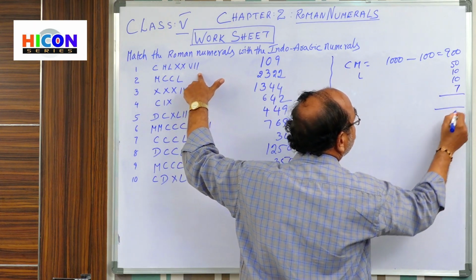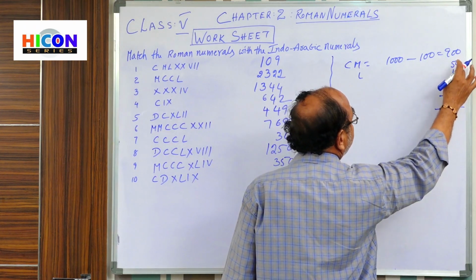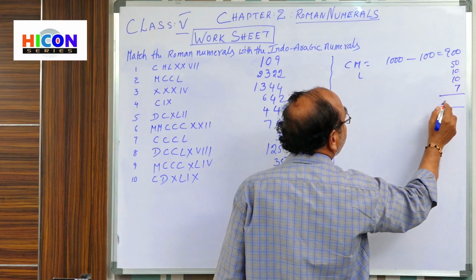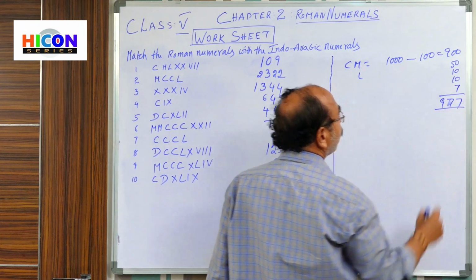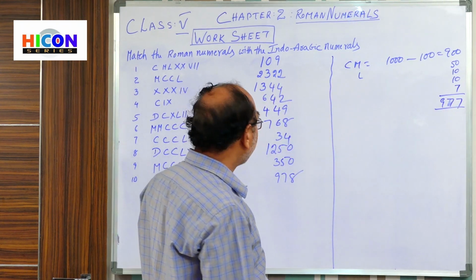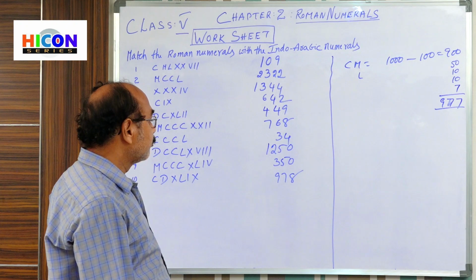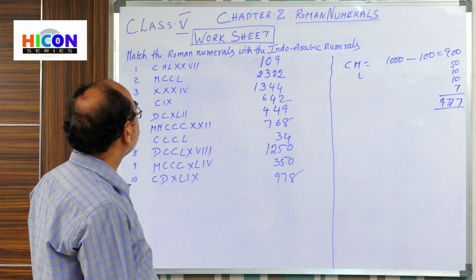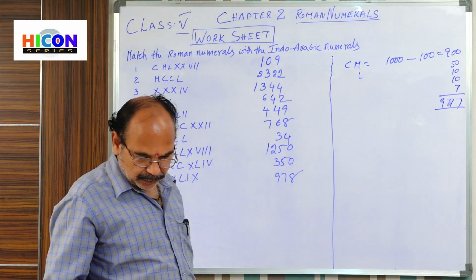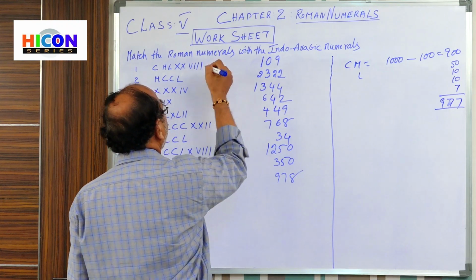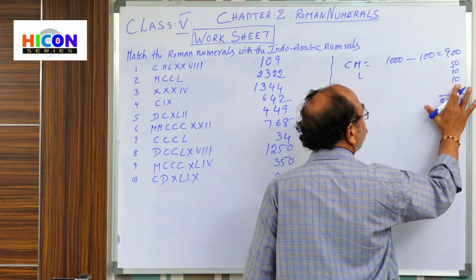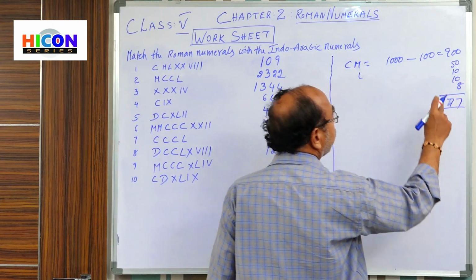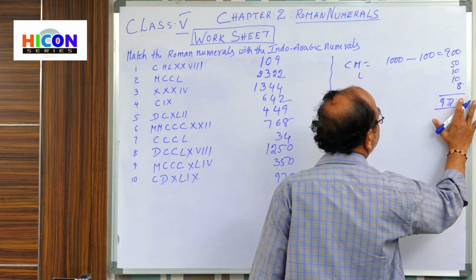Now add all: 950, 960, 977. Here one more I is there, that means 8, so 978.